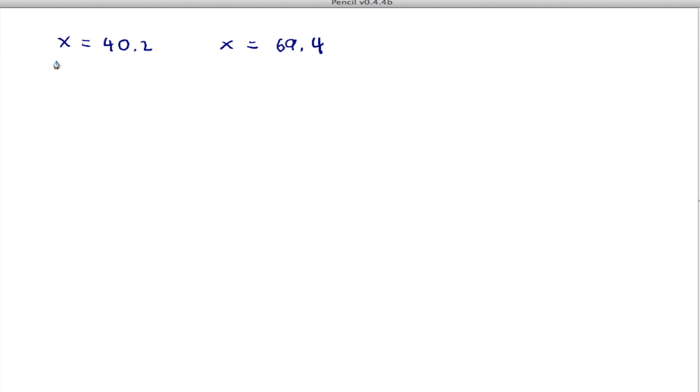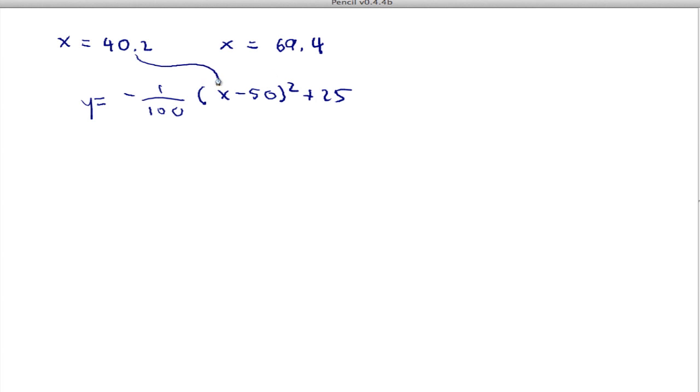Okay, so we determined the two values of x. So what we're going to do is substitute into either one of those parabolic equations that we determined. I'm going to just use y is equal to negative 1 over 100 (x minus 50) squared plus 25.